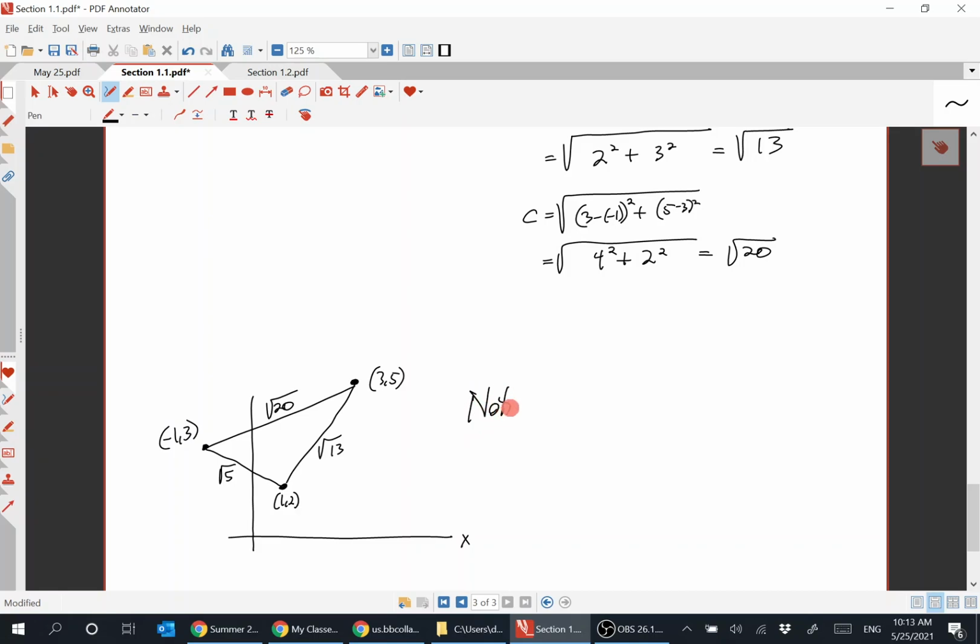Notice, the square root of 20 squared is not equal to the square root of 5 squared plus the square root of 13 squared, because 20 is not equal to 5 plus 13, because 20 is not equal to 18. This tells us that that triangle there is not a right triangle.